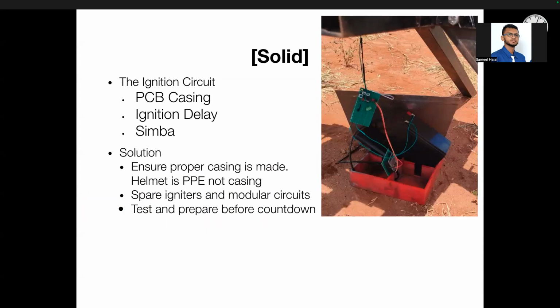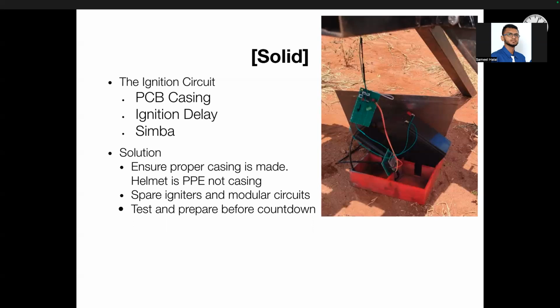So the solution I suggest is to ensure a proper casing is made for the PCB. We were using a helmet, but a helmet is PPE, personal protective equipment, not casing. So I suggest that we come up with a better design and a better form of casing. The solution to ignition failures is to have spare igniters and modular circuits.